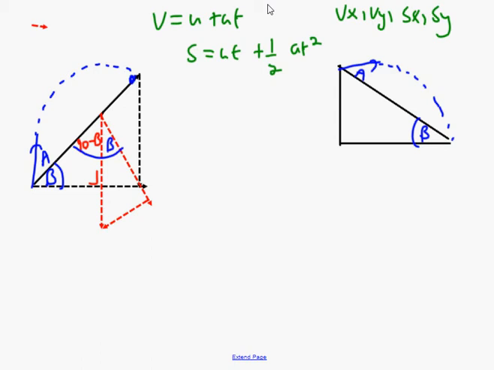You probably remember that anyway. Now you have your beta in here. Next we're going to break up gravity into its components. It's going to be g cos b for the adjacent side, and g sin b for the opposite.